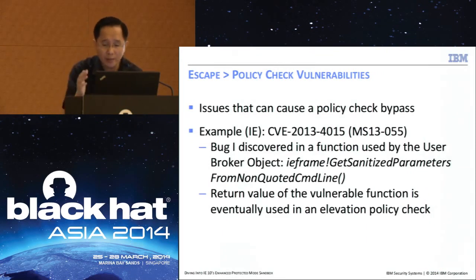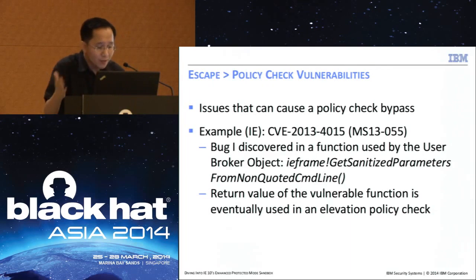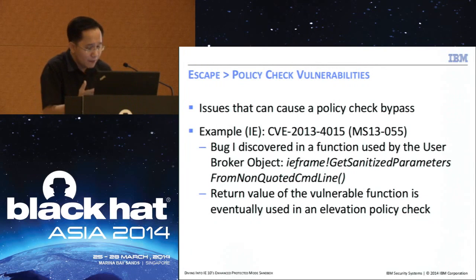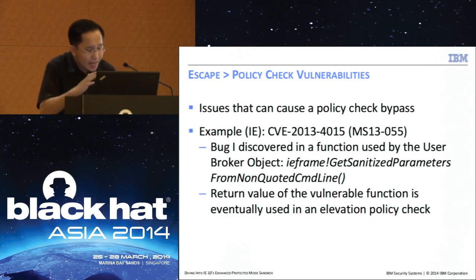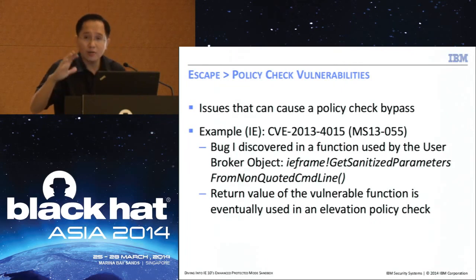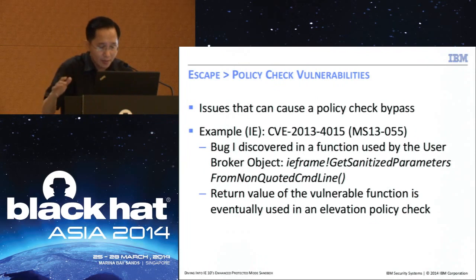So my first audit was a failure. The next question in my mind was, is there a way to fool the policy checking instead? Policy check vulnerabilities involve weaknesses in how resource names or command lines are evaluated against the sandbox policies. Maybe you can cause the policy checking to return an incorrect result. So via static analysis, I looked at the code that performs the policy checks, plus any supporting code, such as code that parses the command lines and resource names.